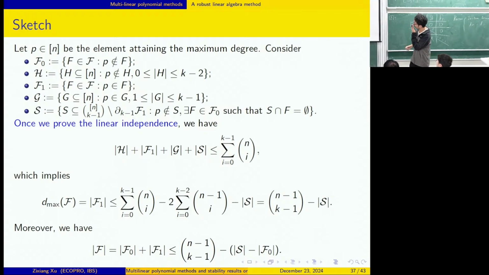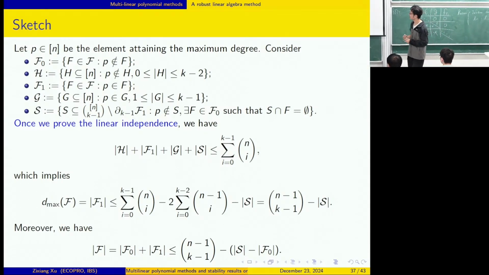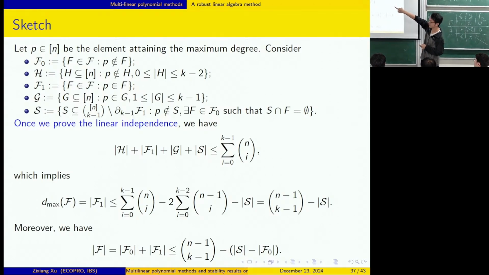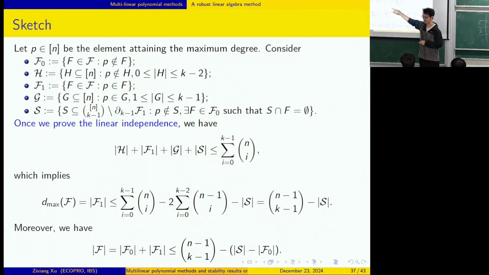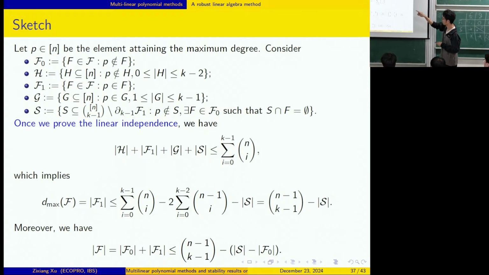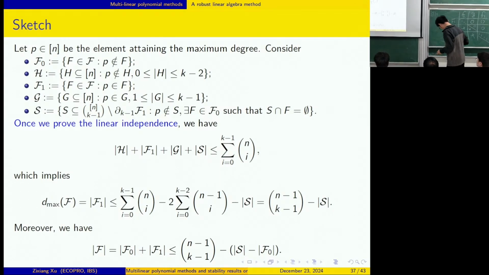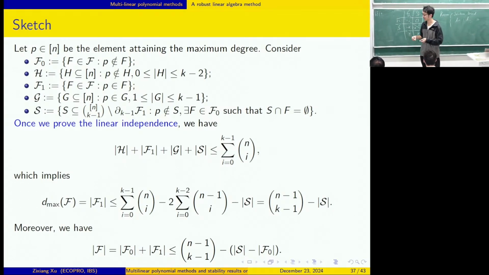But several months ago, my academic brother told me that we can ignore F0. We can only use these 4 set systems, not all 5. We can remove F0, and then discuss the size of F0. And then I realized that it works very smoothly.